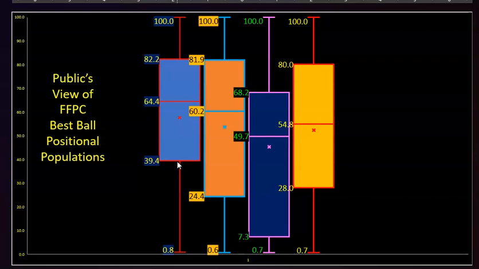Okay. The most surprising thing, and I was not predicting this, was look at the tight ends. Look at the median right at 50%, but there is an extreme skew from the median down to the bottom, 7.3, and the top.